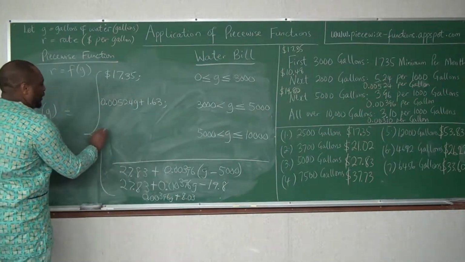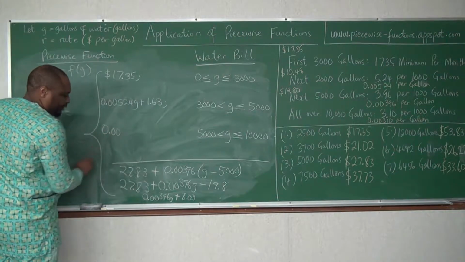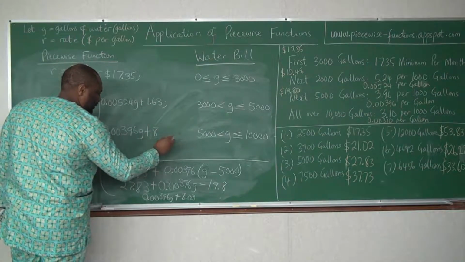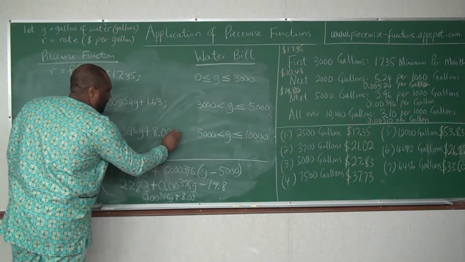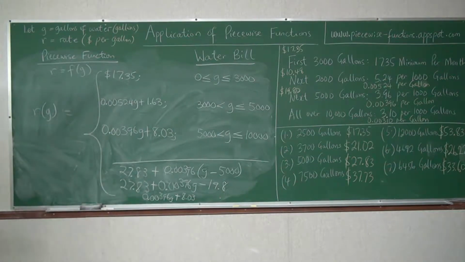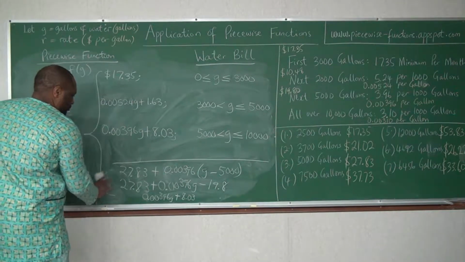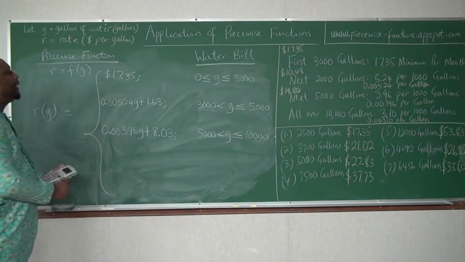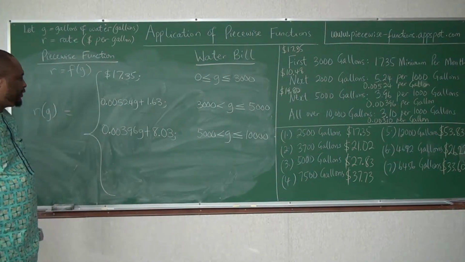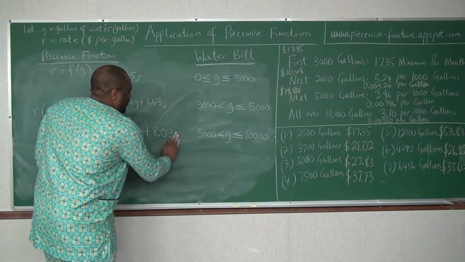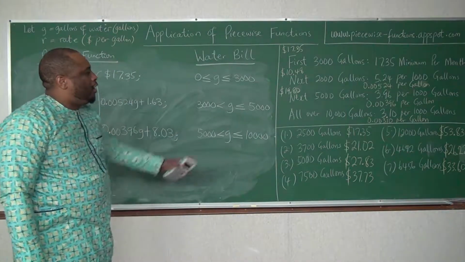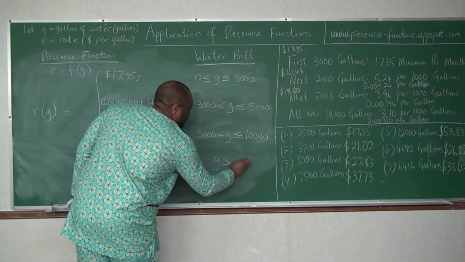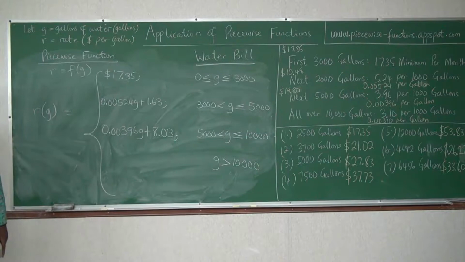So this will be 0.00396 G plus 8.03. Okay? Now, the next one, the last piece of the piecewise function, is all over 10,000 gallons. So G greater than 10,000 gallons.